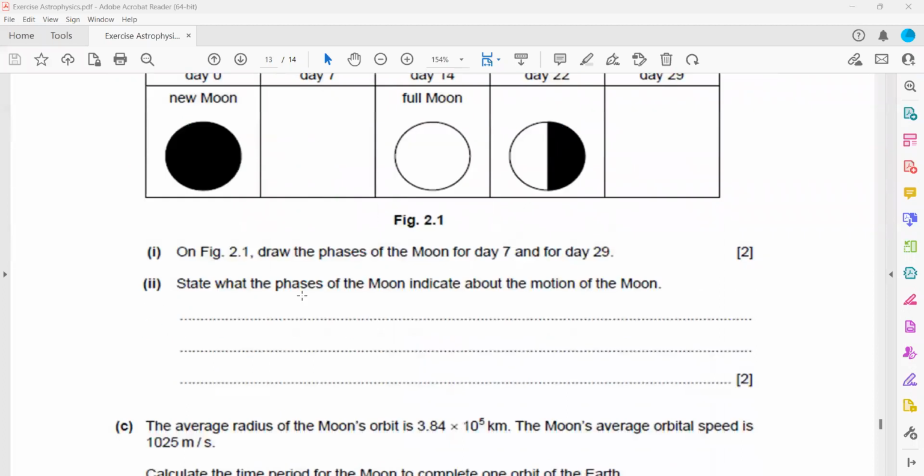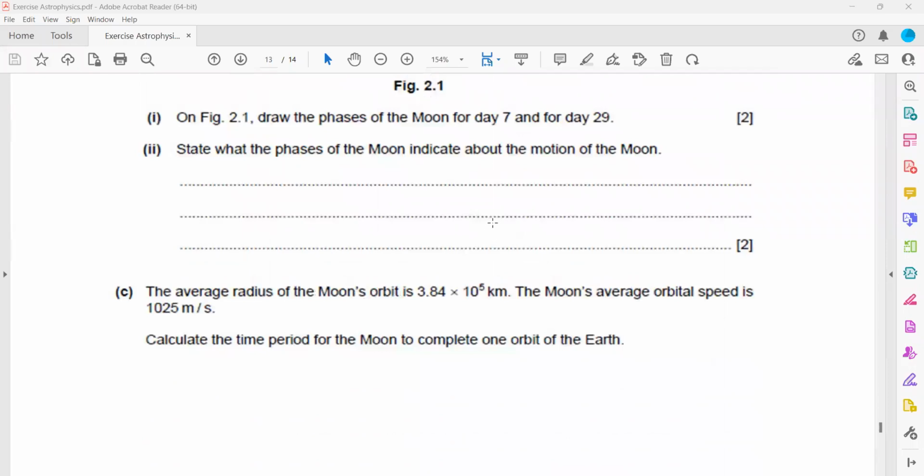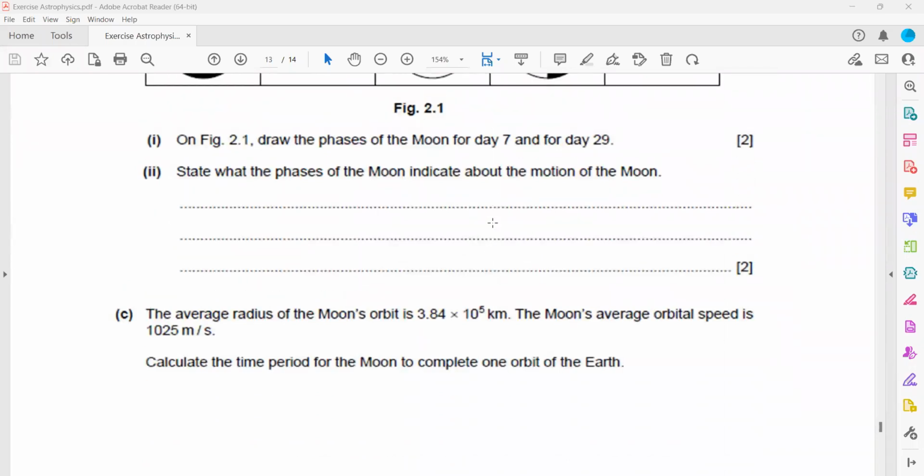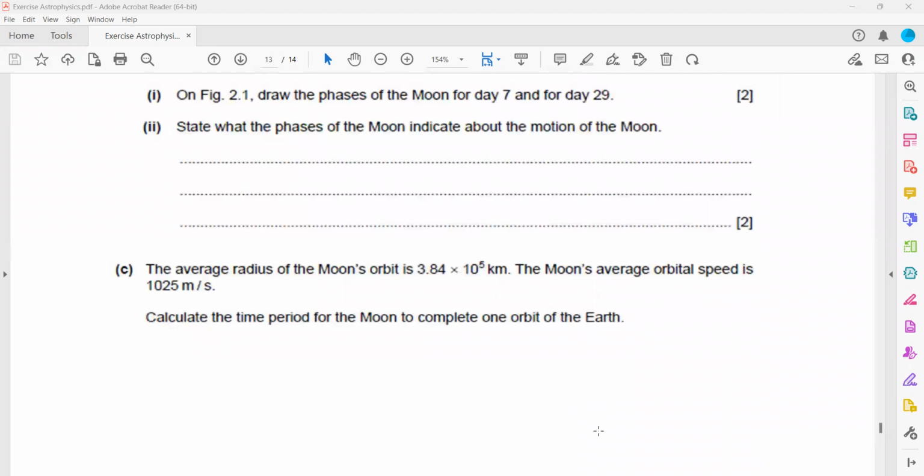And state what phase of the moon indicates about the motion of the moon. What it indicates is simply that the moon is orbiting the Earth.